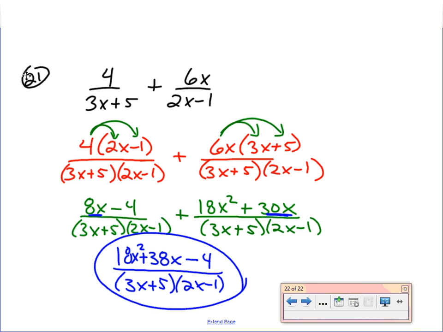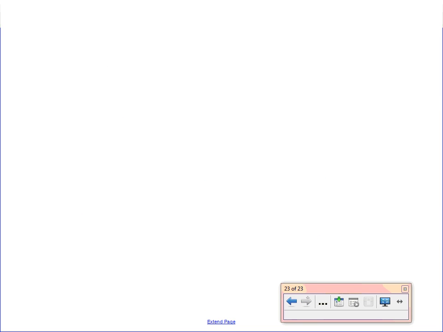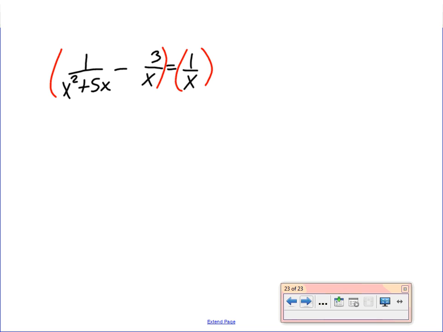Alright, and the last one. We're given the equation 1 over x squared plus 5x minus 3 over x is equal to 1 over x. In order to solve the equation, I need to multiply both sides of the equation by the least common denominator. So the question is, what is the least common denominator?